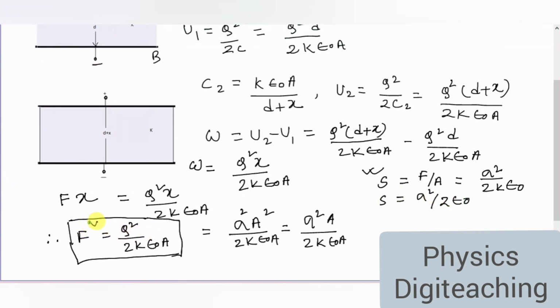Here if the dielectric medium is vacuum, if there is no dielectric, then K equals 1, and then we get F equals Q square by 2 epsilon naught A. Okay, this is our force between the two plates of a parallel plate capacitor.